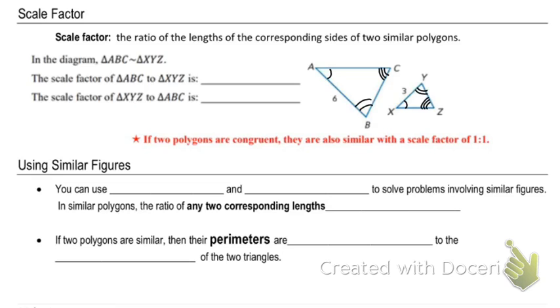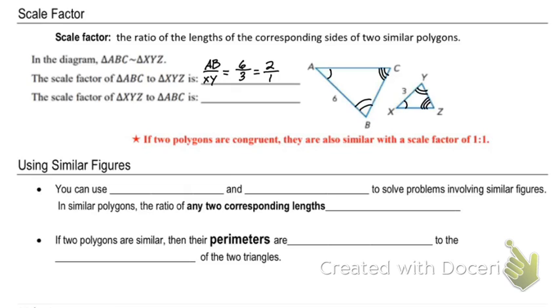So the scale factor from ABC to XYZ is going to be AB over XY, because those are the corresponding sides, which is 6 over 3, which is going to be 2 over 1. Note I leave it as the fraction 2 over 1.